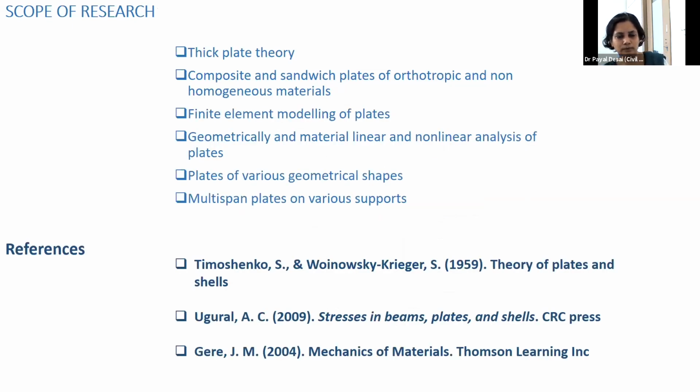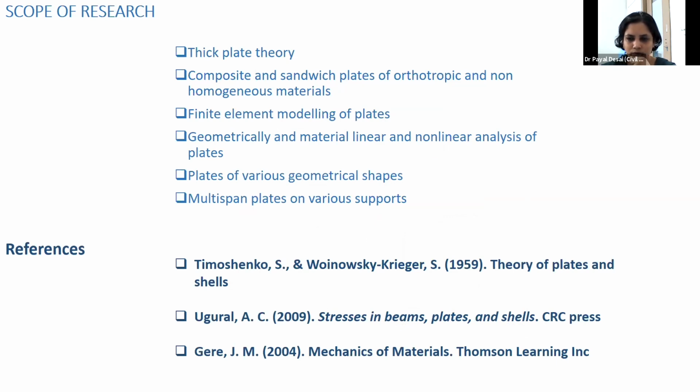And this is a scope of research where you may apply thick plate theory, composite and sandwich plates, different material plates, finite element modeling, geometrically and materially linear and non-linear analysis, various geometrical shapes, multi-span plates on various supports. And these are 3 references.